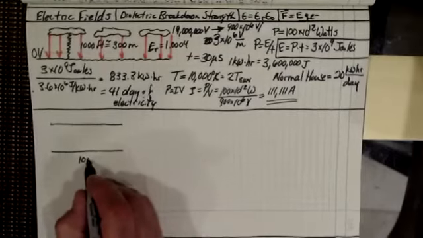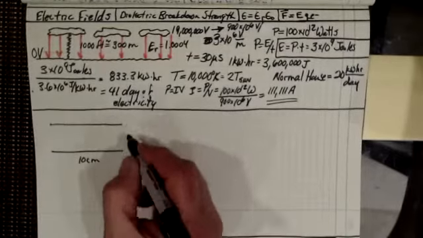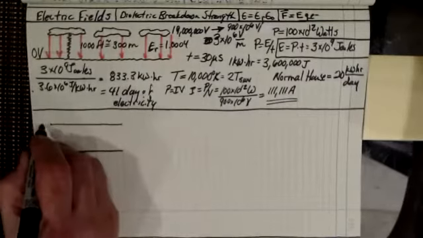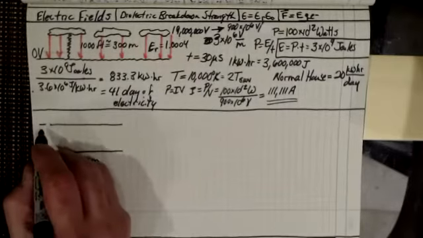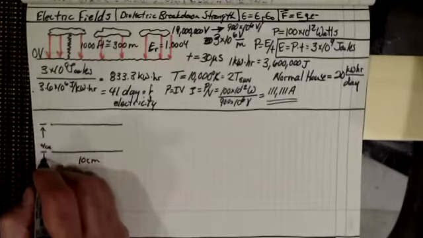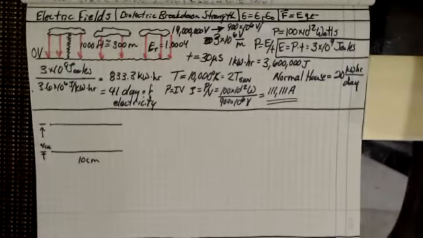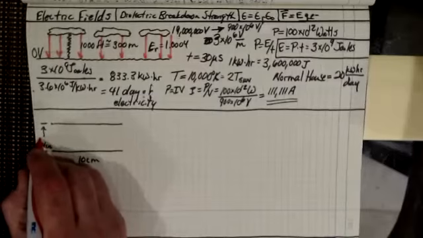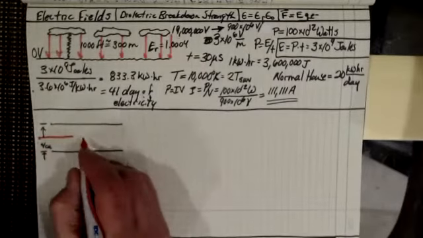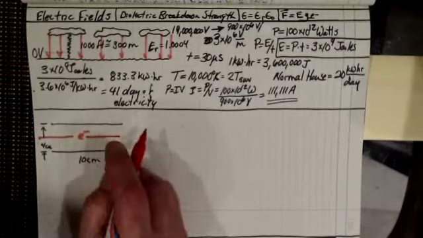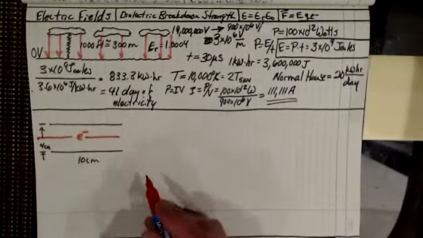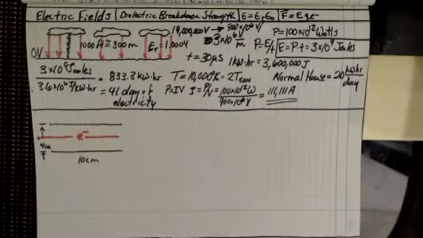Now, this is 10 centimeters, and it's 4 centimeters wide. I wanted to leave a space there because I'm going to have an electron coming through there, going right straight down the middle. Of course, it won't be as big as the electron that I've drawn, but it's going to be going right straight down the middle.